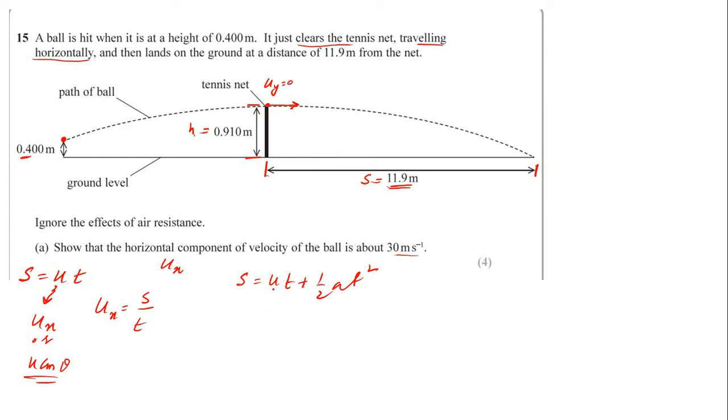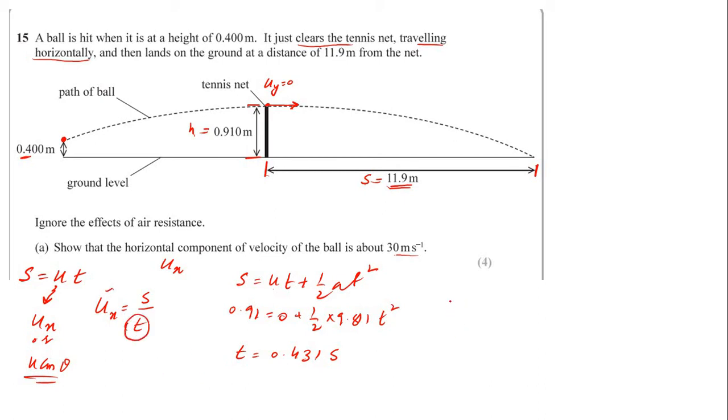So u becomes 0, and this is the vertical height, so 0.91 is equal to 0 plus half of 9.81, because the ball is falling downward, into t squared, and you make t the subject. If you do that, then t would be equal to 0.431 second.